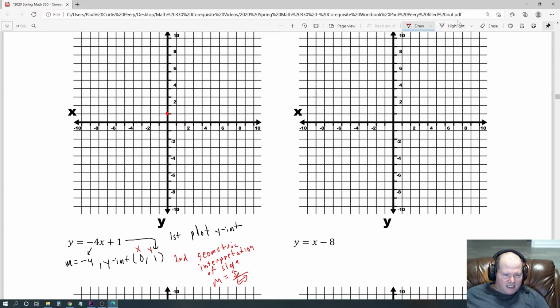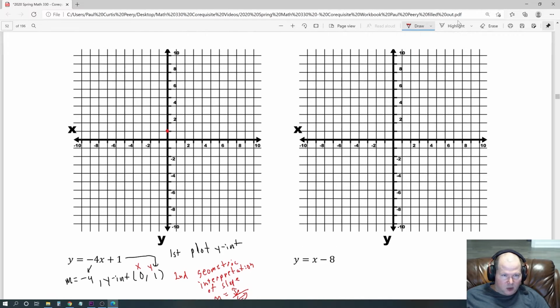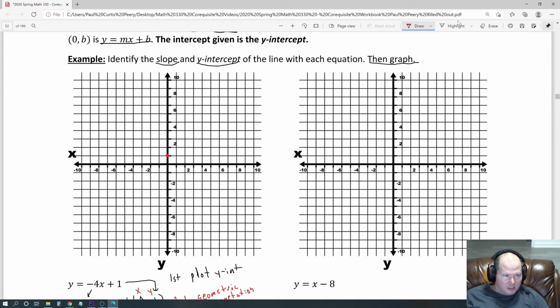So in this case, our slope is the -4, right? Our slope in this case is a -4, and that's understood to be over 1. Now that means we're going to go down 4 and to the right 1. That's how I would interpret that, right? So again, it's rise over run.